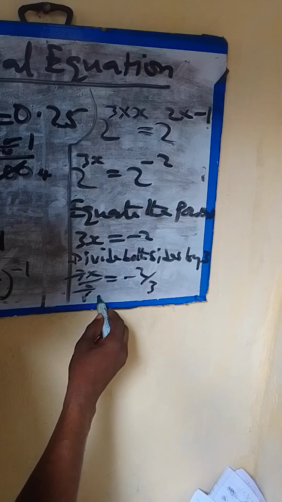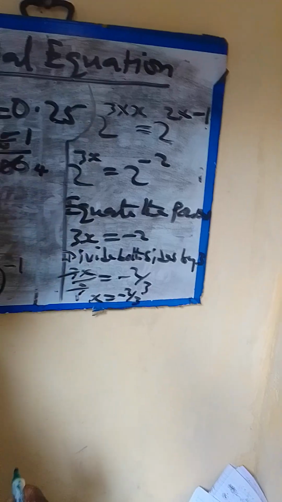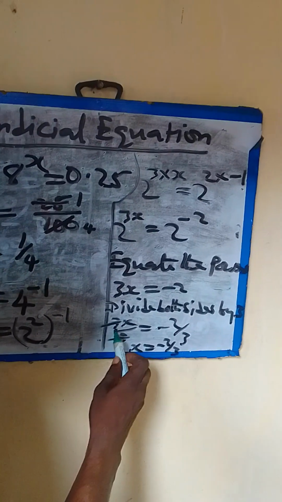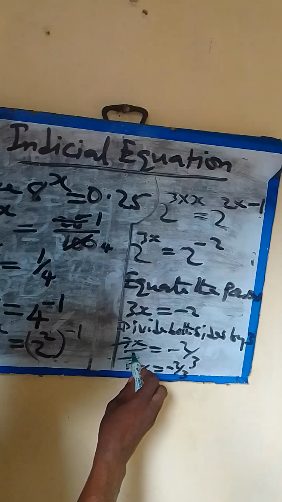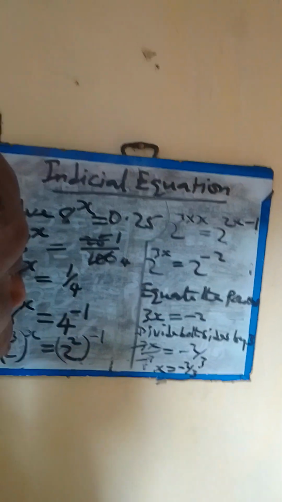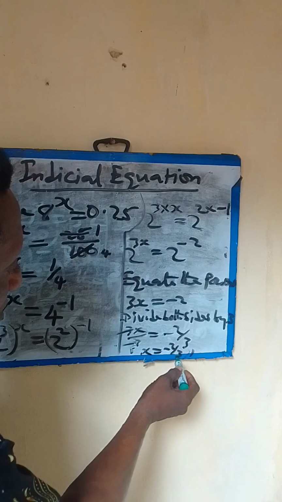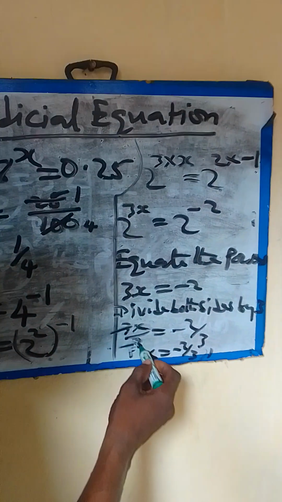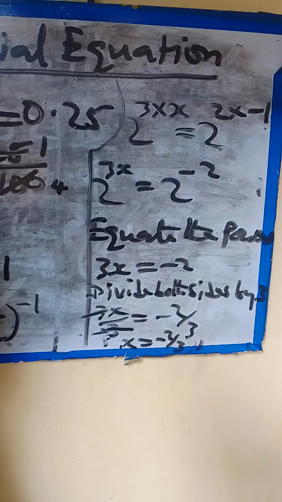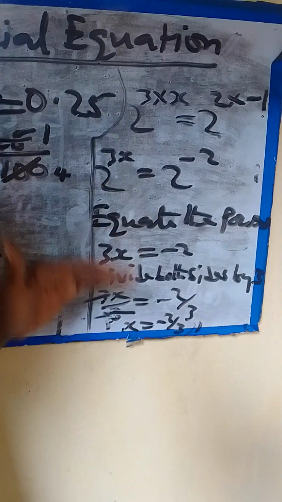You are left with x. x is equal to minus 2 divided by 3. See how simple this problem is. So that is what you are expected to note. And this serves as the answer. You can see that the numerator is smaller than the denominator. So this is what is so important. So take note of how to solve indicial problems.